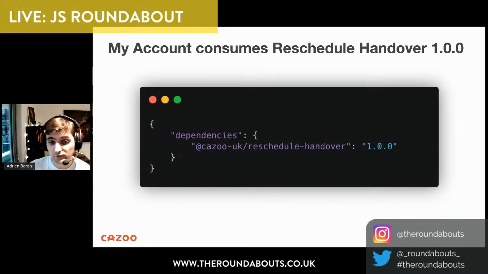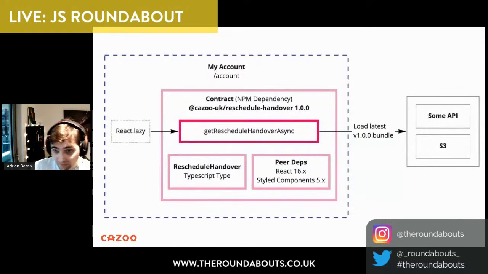So what my account does to consume that component is literally just add a dependency to an npm package. And then what we do in the code base is, inside React Lazy, we call the getRescheduleHandoverAsync function that's provided by that package. And it returns to us a component.